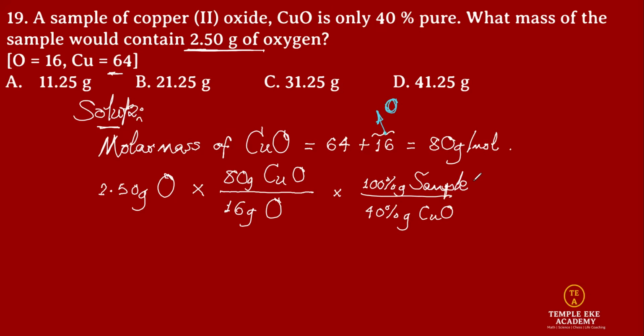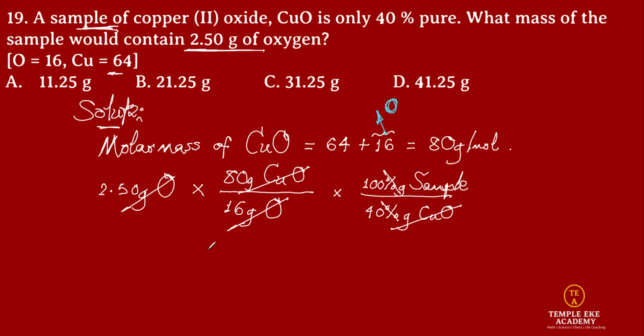Beautiful. And now this is mission completed already because we have gram of oxygen eliminating gram of oxygen, gram of copper 2 oxide eliminating gram of copper 2 oxide. And after taking off the percentages, the surviving unit here is gram of the sample, which answers the question, the mass of the sample. Beautiful.